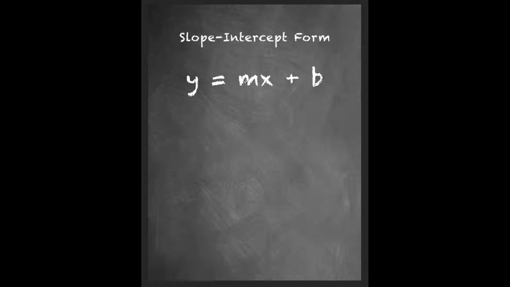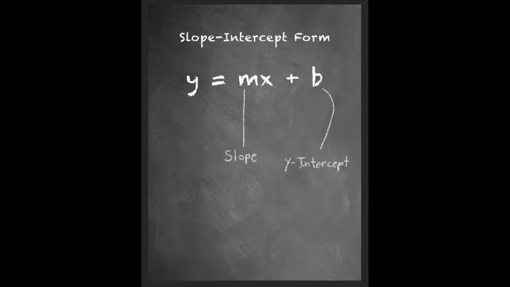And m represents the slope of the line. M is a coefficient for the variable x, so it's a number in front of the variable x, and it tells us several things. It tells us the direction that this straight line is going, and it tells us how steep it is.